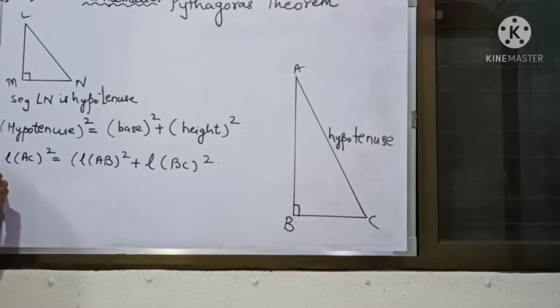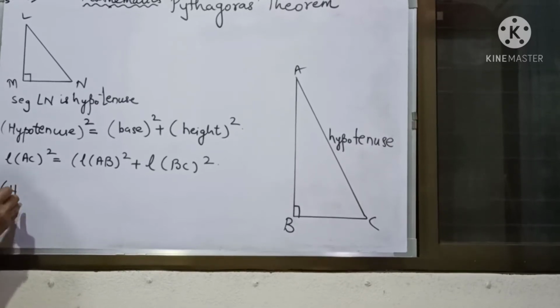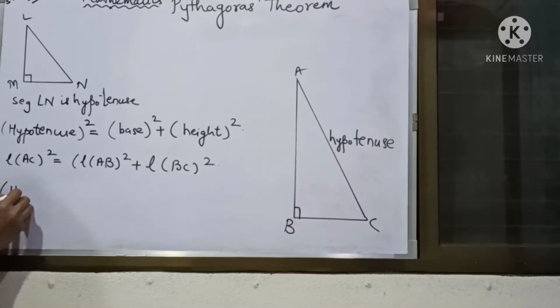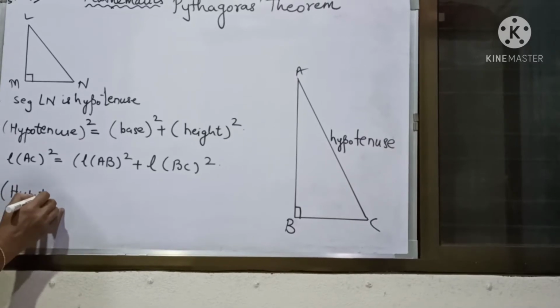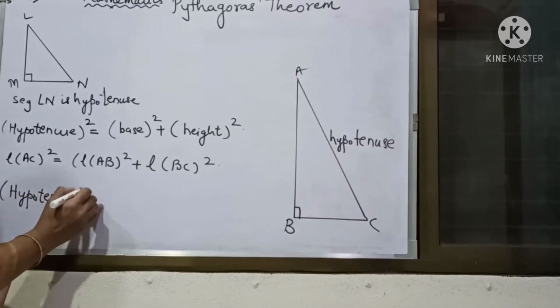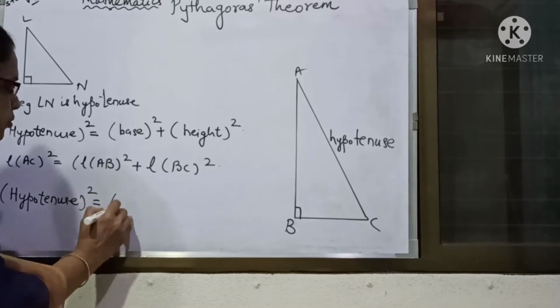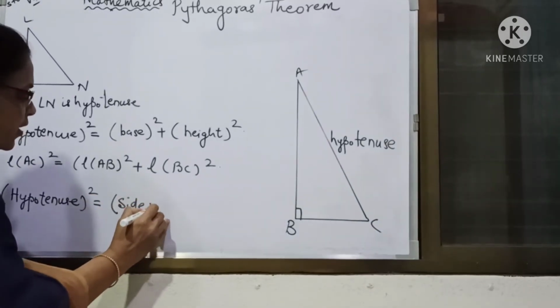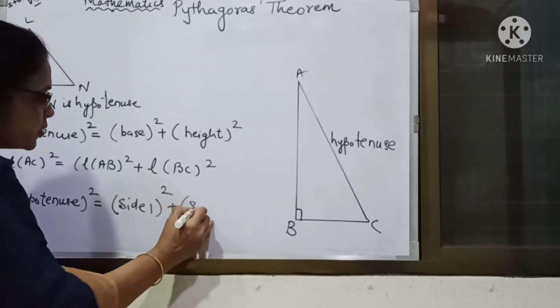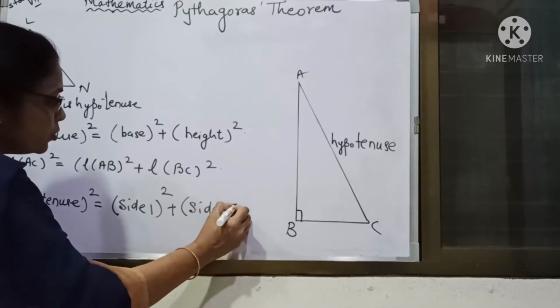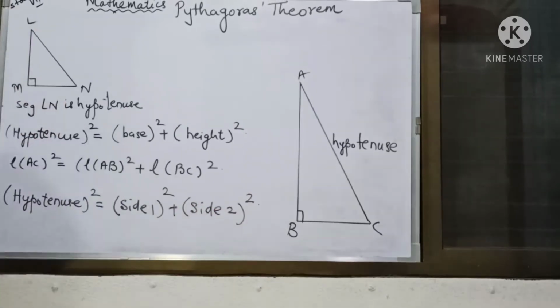Or in other words, we can write the Pythagoras theorem as hypotenuse square is equal to side 1 square plus side 2 square.